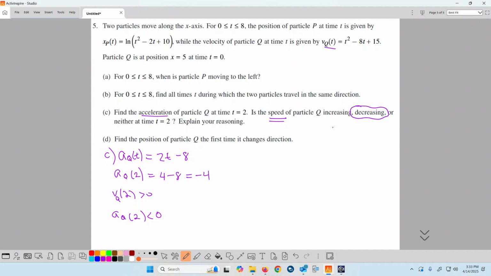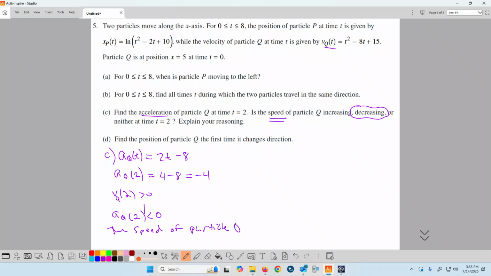Slowing down is another way of saying that the speed is decreasing. So let's use the wording that we are given to answer this question. We'll say the speed of particle Q is decreasing at a time of 2, and then this is our justification. So let's write that.